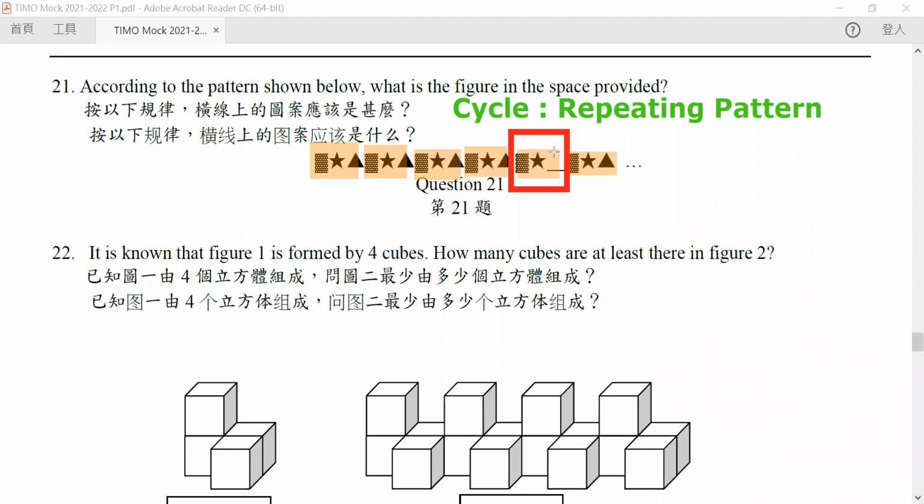So all of you are correct, right? This must be a triangle. Very good. Okay. So again, whenever we see this kind of pattern, we would like to see if there is some repeating pattern. Yes, this is triangle.